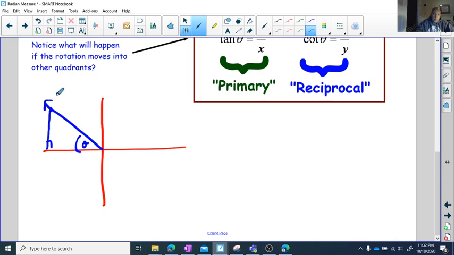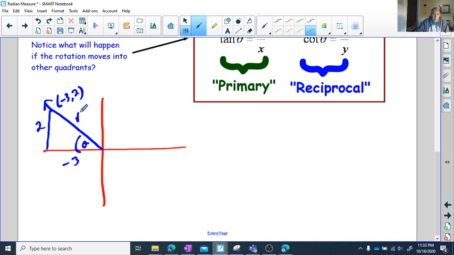Let's suppose this ordered pair was -3, 2. That would mean this side, which is my x, is -3, and this side, which is my y coordinate, is 2.